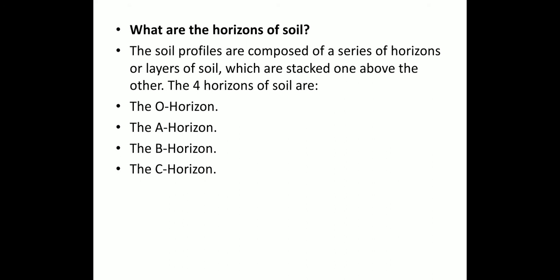The four horizons of soil are as below. Number 1, the O horizon. Number 2, A horizon. Number 3, B horizon and C horizon. Of these four horizons, the O horizon contains only organic matter.